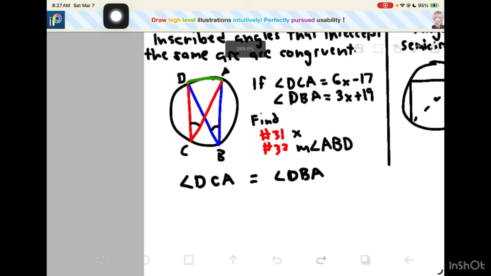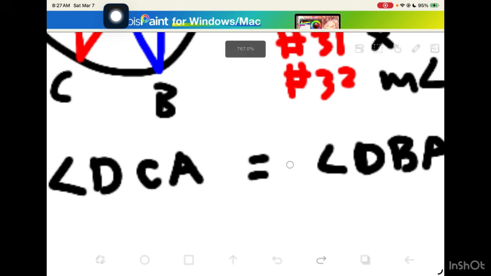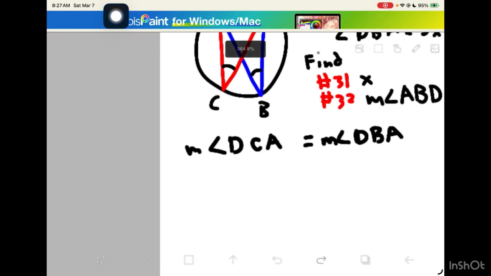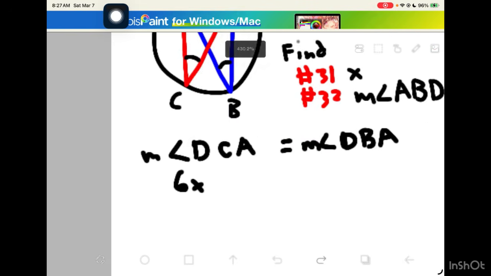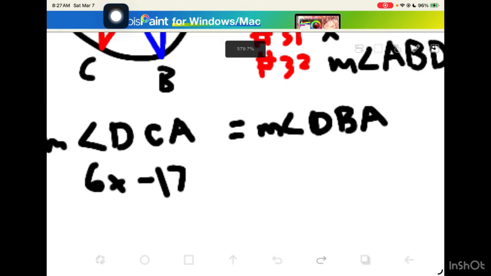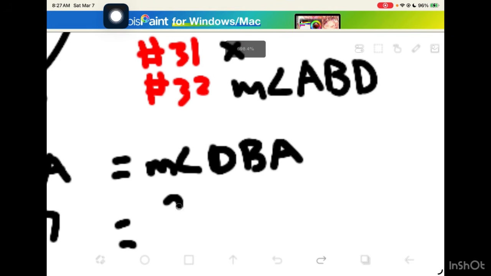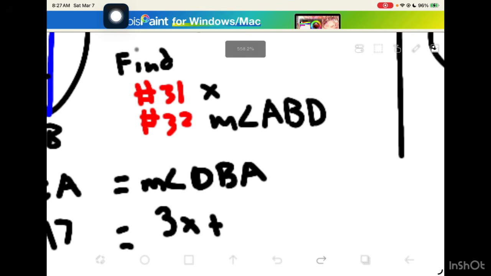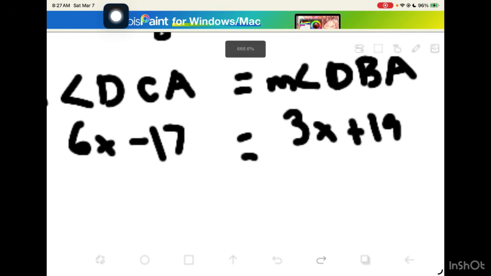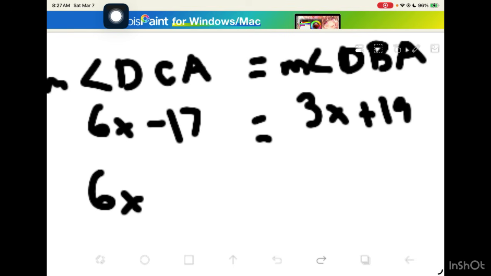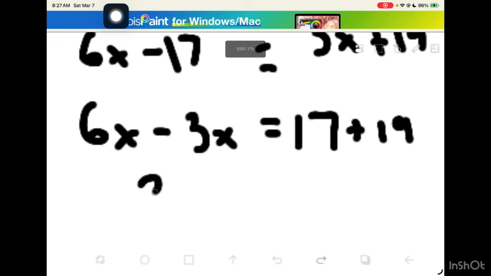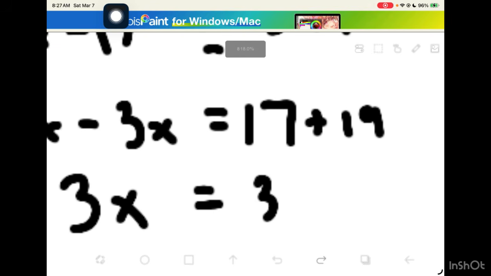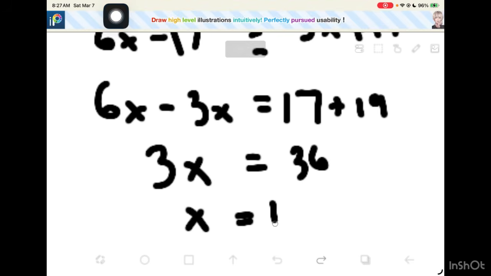So by substituting their values, we can say that 6x minus 17 is equal to 3x plus 19. Transposition: 6x minus 3x is equal to positive 17 plus 19. 3x is equal to 36. X is equal to 12.